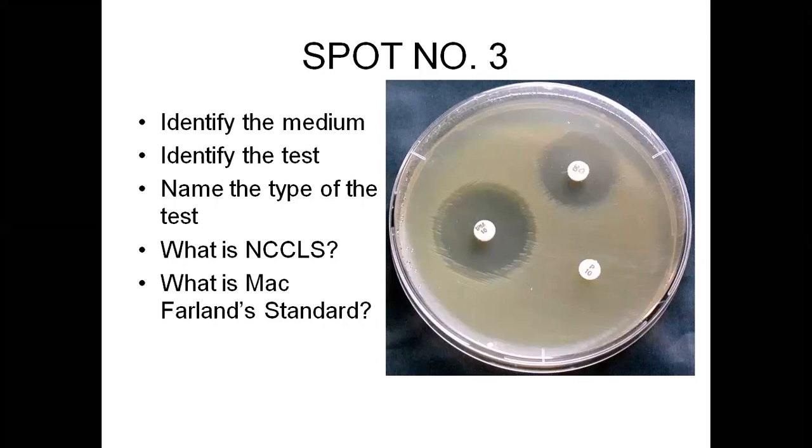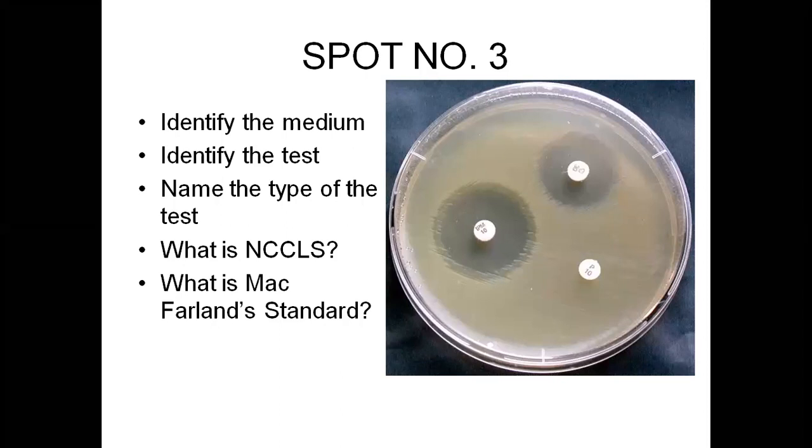And if the haziness is less than the barium chloride solution, that means that we have put a lesser amount of colony. So why standard? Standard is maintained because the antibiotic can be given in a proper dose, and a specific antibiotic can be given at any center around the world for a particular bacteria.